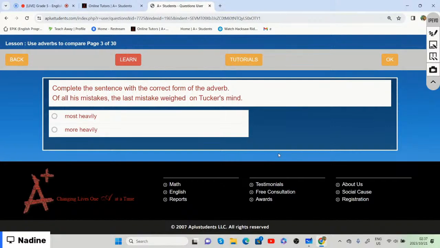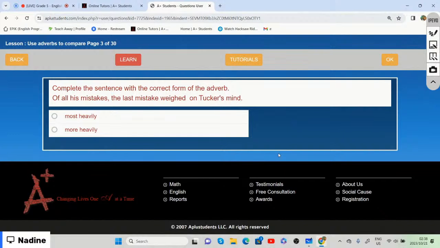So, of all his mistakes, the last mistake weighed most heavily or more heavily on Taka's mind. All right, so we can then say of all his mistakes, right?